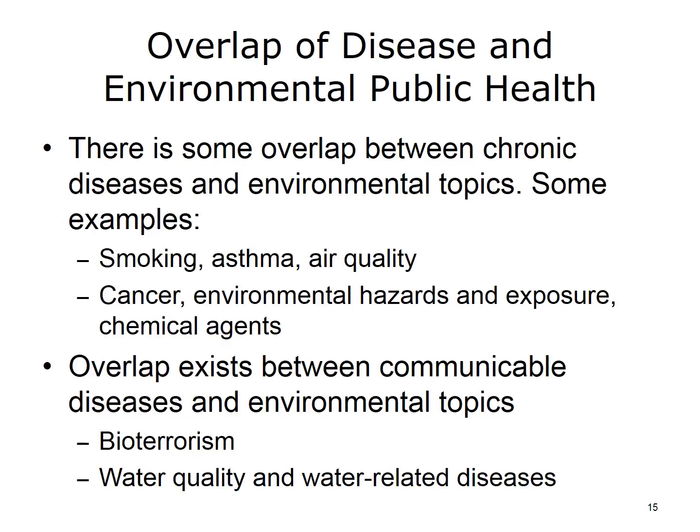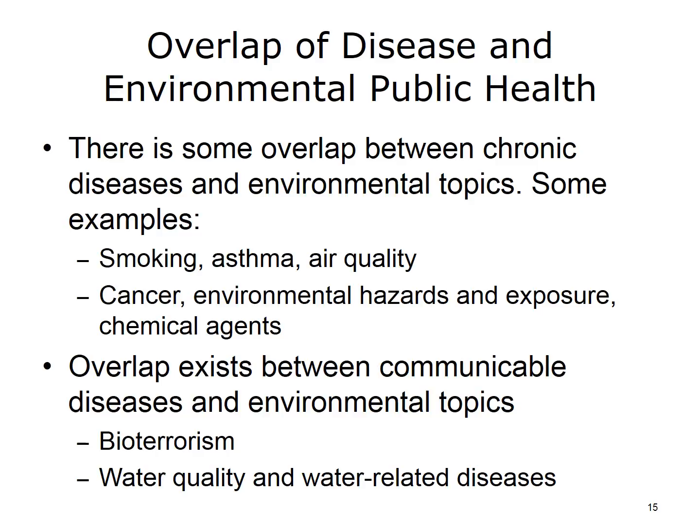Chronic diseases and environmental hazards actually demonstrate some public health overlap. Consider the interrelatedness of smoking, asthma, and air quality. Another example of interrelatedness involves cancer, environmental hazards and exposure, and chemical agents.